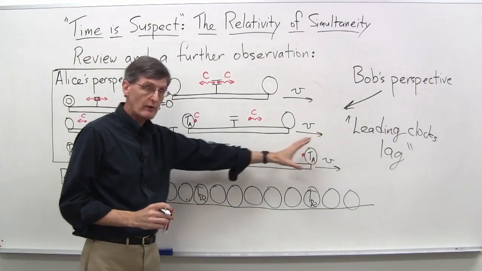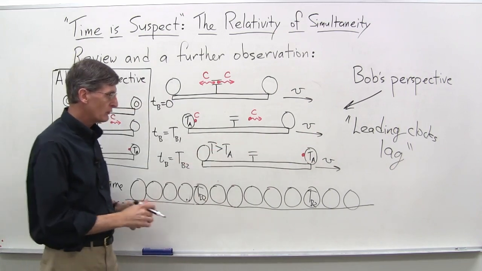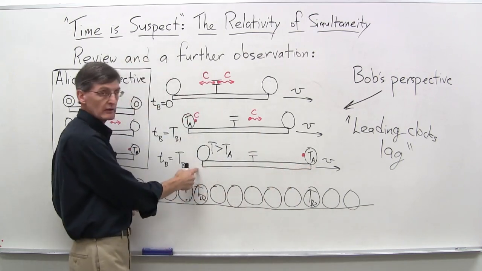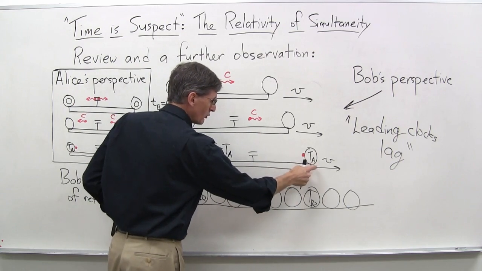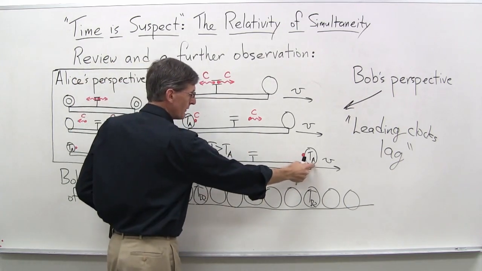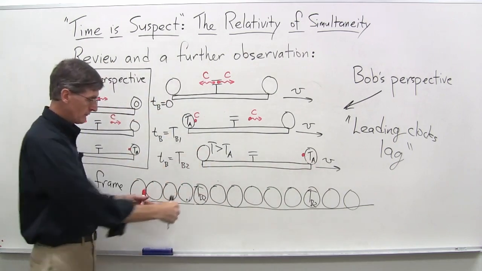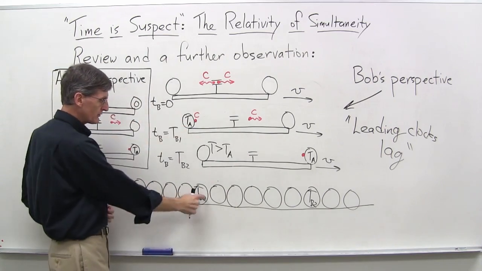Leading clocks lag. When you have an observer, like Bob, and he's observing Alice's lattice of clocks flying by, if you pick any two clocks, say one here and a trailing clock over here, the leading clock will lag the trailing clock. This clock, T sub A, is behind this clock from Bob's perspective. Remember, all Bob's clocks are synchronized to him, so he could take a flash photo right here.